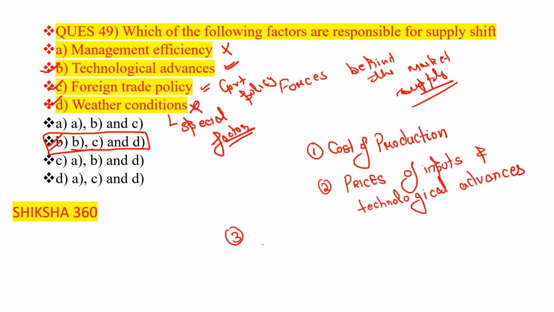Third one is prices of related goods. Fourth one is government policy. Fifth one is special factors.